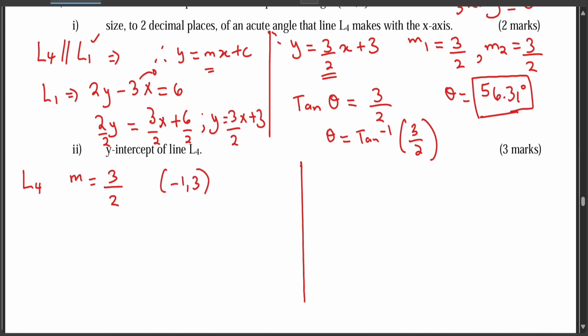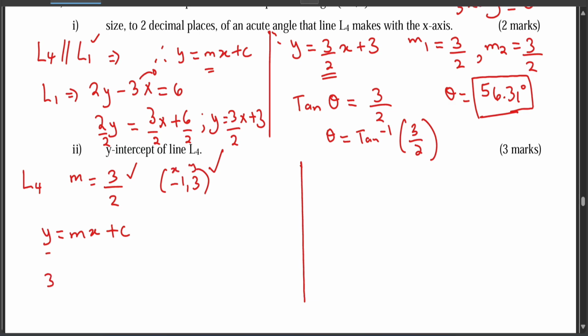So now let's write it in the form of y equal to mx plus c. Now I won't go through the long cut. We already have everything. Gradient iko now, point coordinates iko now. So pale ambapo kuna y utareplace with y, pale ambapo kuna x utareplace with x.